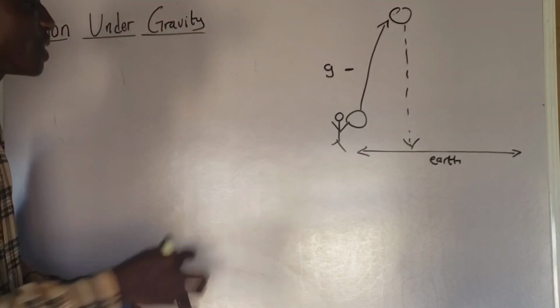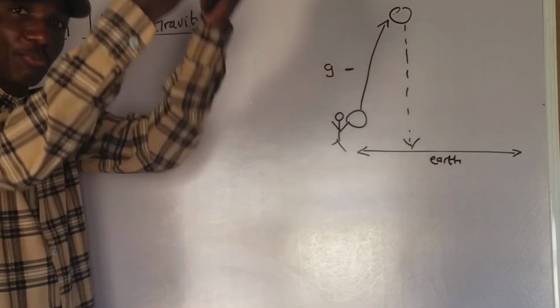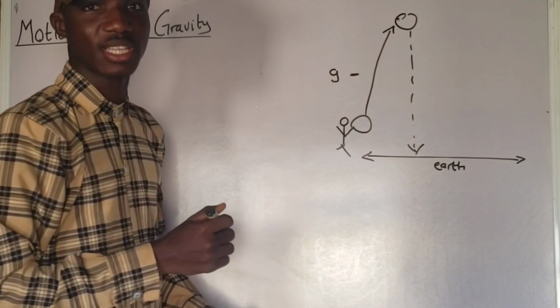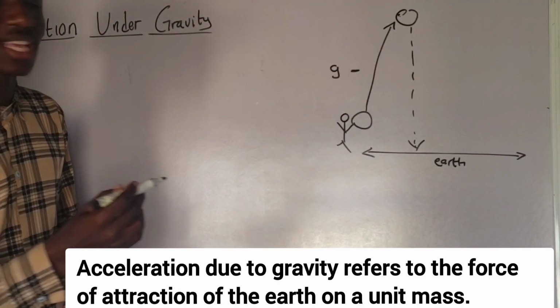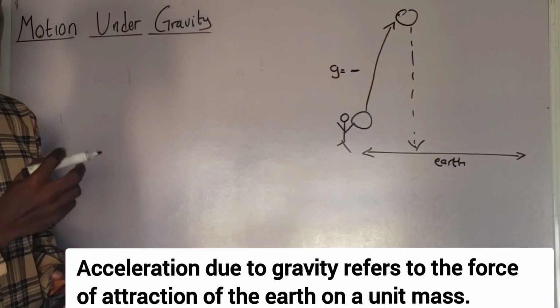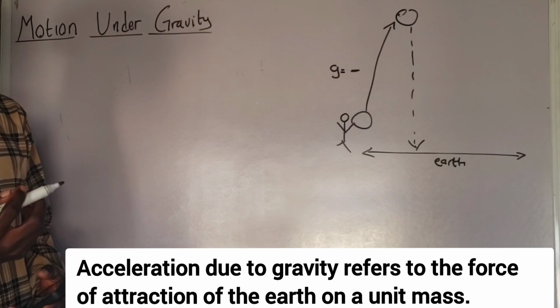Now, let's say we have a boy holding a ball. Imagine it now. This boy throws the ball up. The ball gets to this height and it falls down. When the ball is going up, it is moving against gravity. That means that the acceleration due to gravity will be negative.